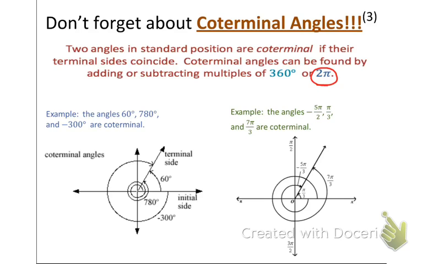So for example, these 3 radians are coterminal with one another. Negative 5 pi over 2, pi over 3, and 7 pi over 3 are coterminal because no matter how we graph those angles, we are going to get a coterminal side. So our coterminal sides are going to align.